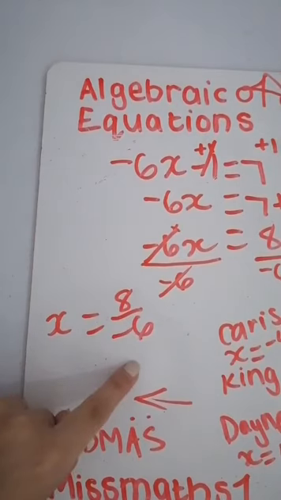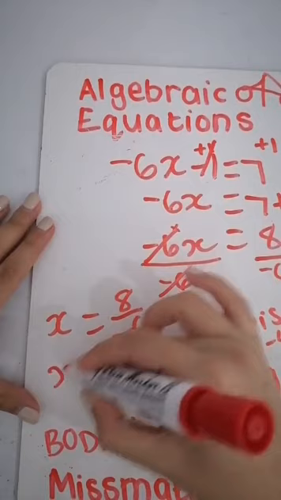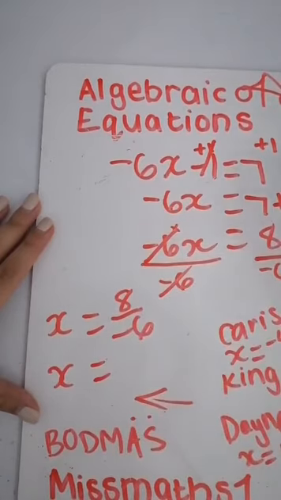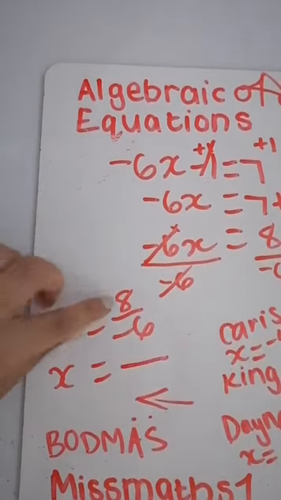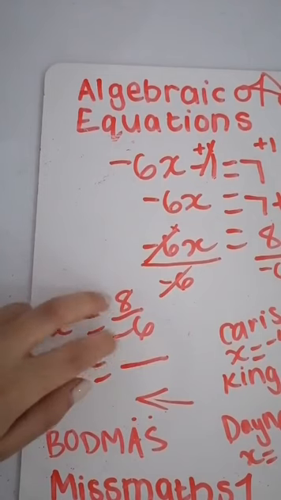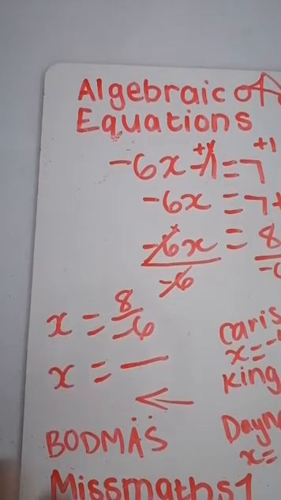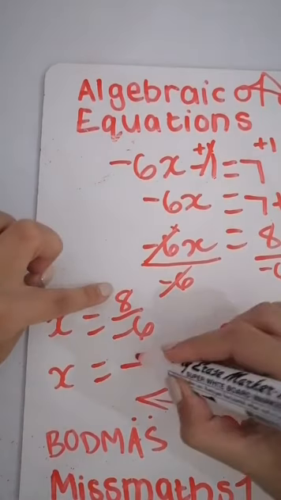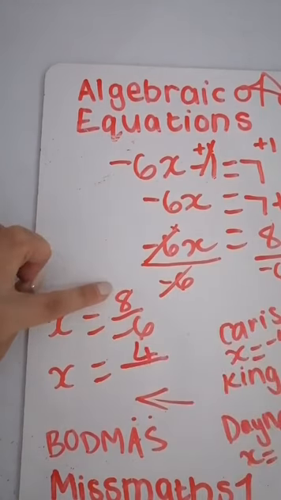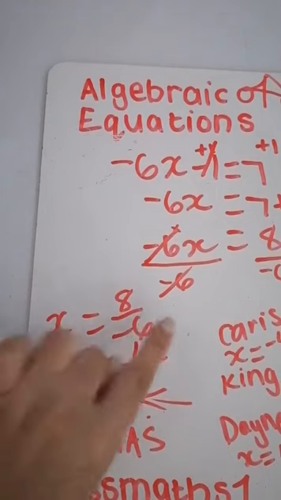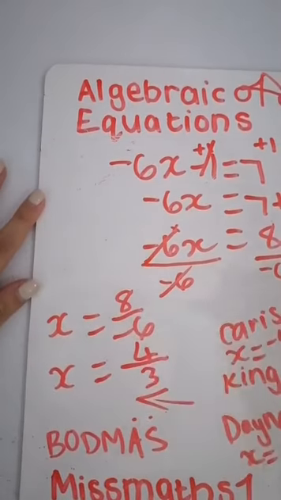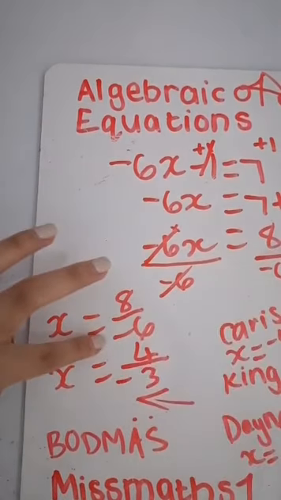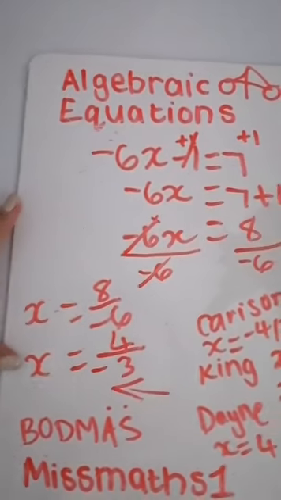Remember we spoke about equivalent fractions? So this can be simplified into its simplest form. Let's figure out, what is the smallest number between 8 and 6? The answer would be 2. So 2 can go into 8 4 times, and 2 can go into 6 3 times, and that negative can remain there.